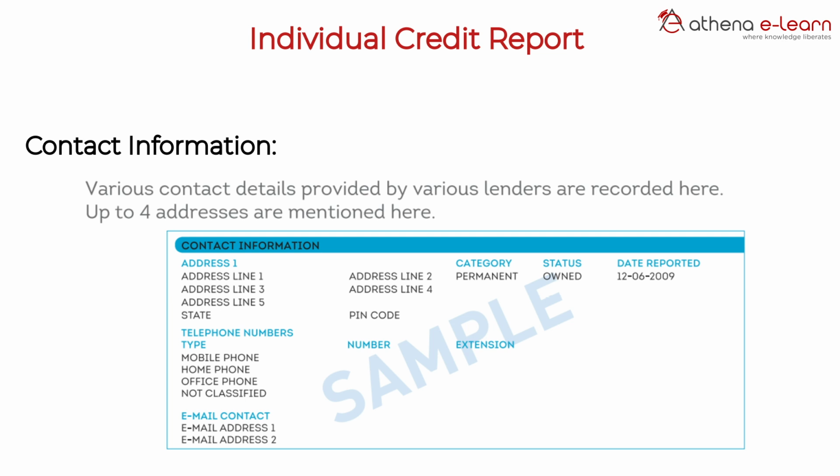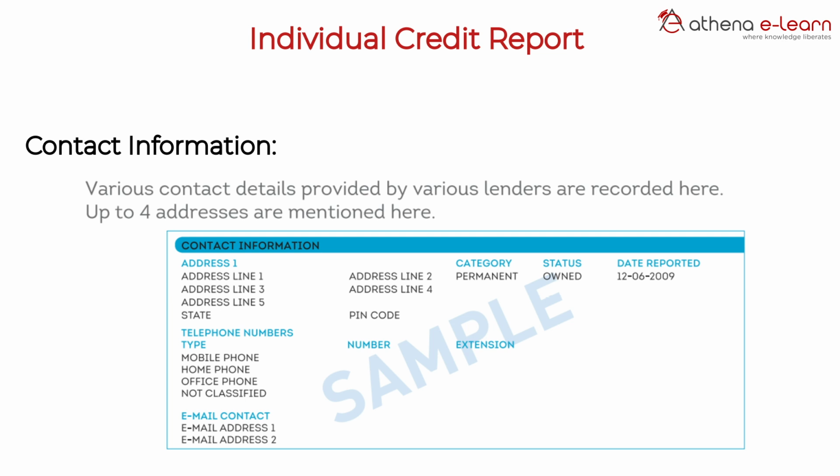So for example, if I was living in a particular house when I applied for my credit card, and then I had moved to a new house when I took a housing loan, or I took a credit card and gave my office address, all these addresses will be reported by your different lenders, and they will all appear in this segment called the contact information.